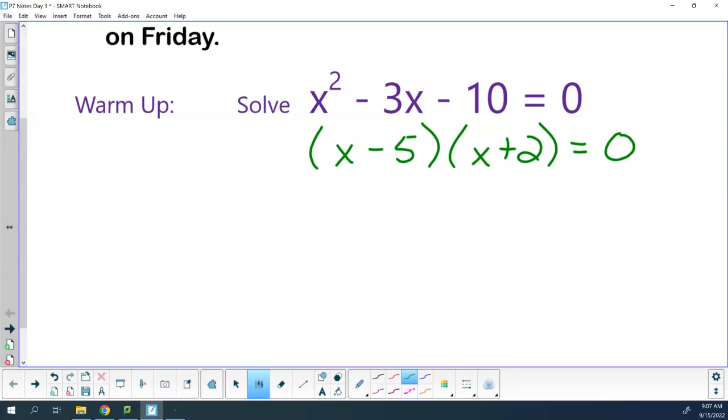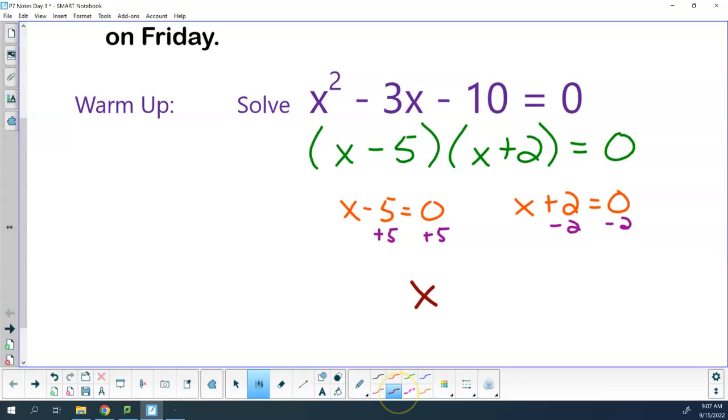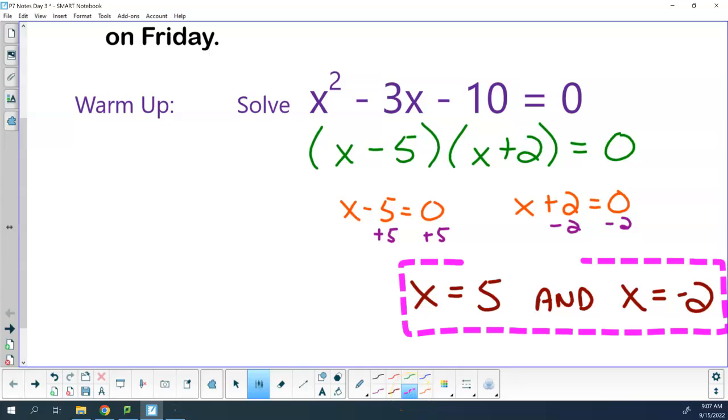Okay. Then I can say x minus 5 equals 0 and x plus 2 equals 0. And then I can add 5 to both sides here, and I can subtract 2 from both sides here, and I can say that my 2 solutions are x equals 5 and x equals negative 2.